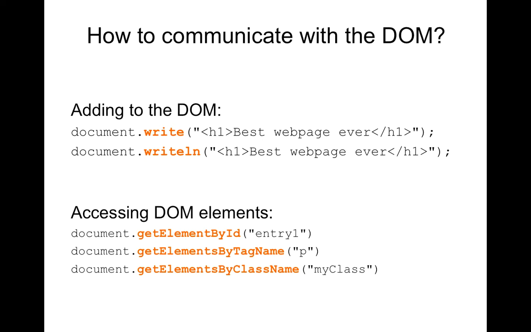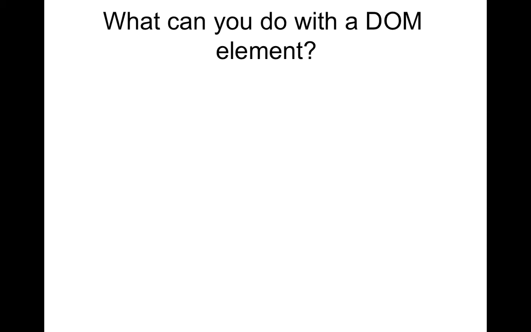Similarly, you can get all of the elements associated with a particular class by using document.getElementsByClassName. So each of these returns either a single object, like getElementById, or an array of objects, which the tags and the class names will return. So then you can use them to manipulate what's on the page.